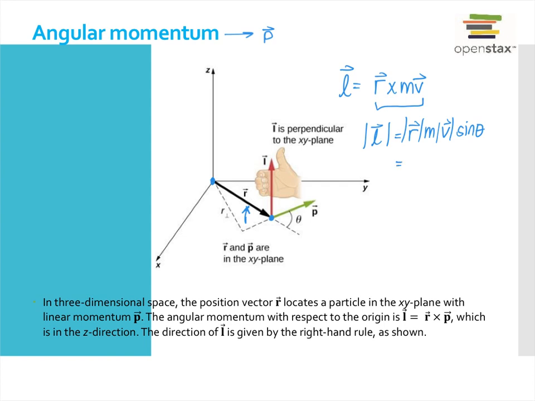We might put the momentum and the sine of theta together, which would mean we take the radius vector times the momentum that's perpendicular to it. Or we could put the radius vector and the sine of theta together, and that would be the perpendicular radius to the momentum, sort of like we did with torque, if you want to make an analogy to that. In any case, this is how we calculate the angular momentum.